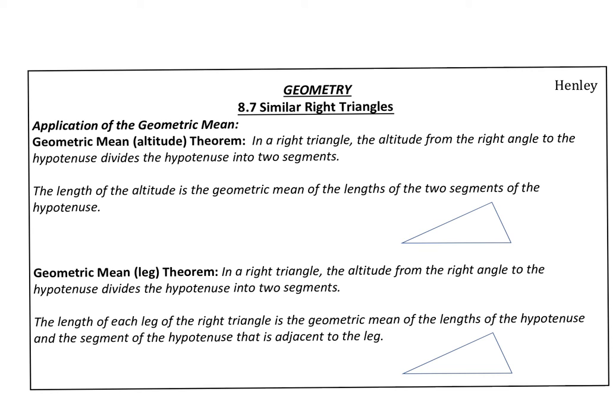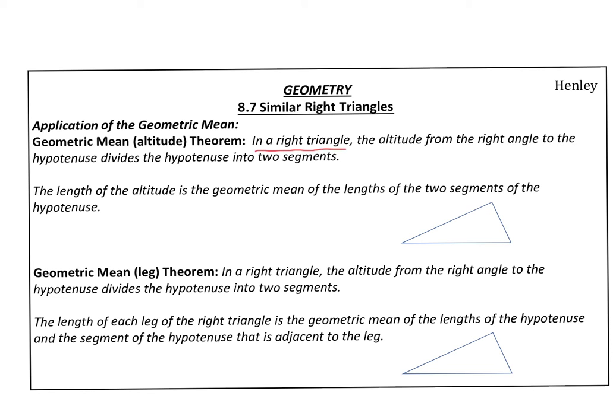Now, how to apply that? The application of the geometric mean. The geometric mean theorem, or the altitude, which is the height of a triangle, in a right triangle. Now that's the important part.